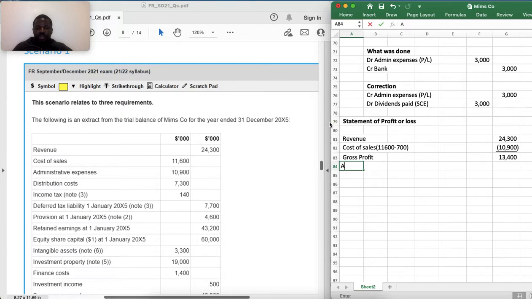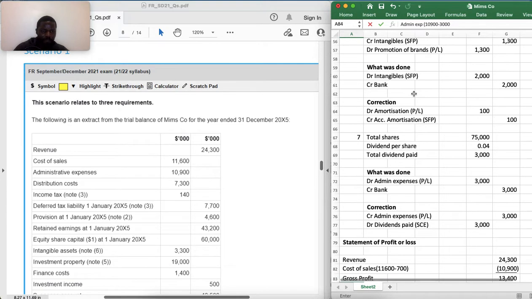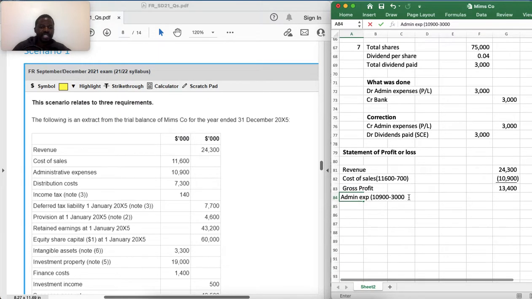Then we go to admin expenses, or abbreviate admin expenses. Then we have 10,900. Let's go adjustment by adjustment. We have got this 3,000 that we said we have to correct by subtracting 3,000 from admin expenses. Let's go up. We have got this amortization, where we said we have to add 100.